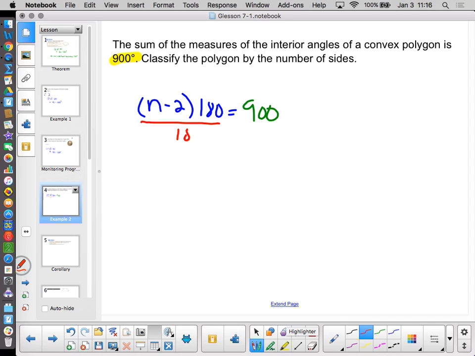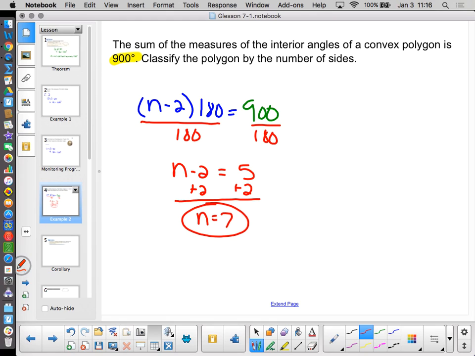We're going to have to divide both sides by 180. So number of sides minus 2 is 900 divided by 180, which I believe is 5. Yes, it is. And from here, very simple to solve. Add 2 to it. So the number of sides is 7. So a 7-sided polygon has a sum of 900.